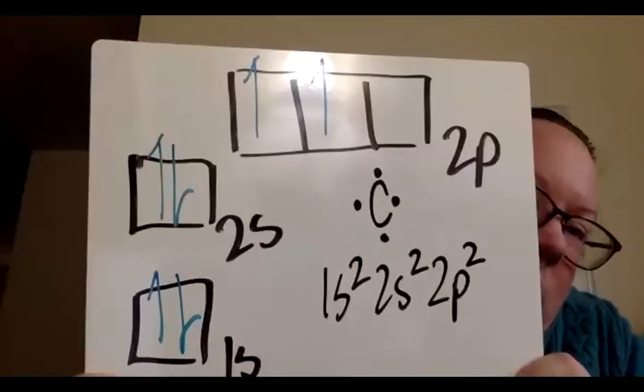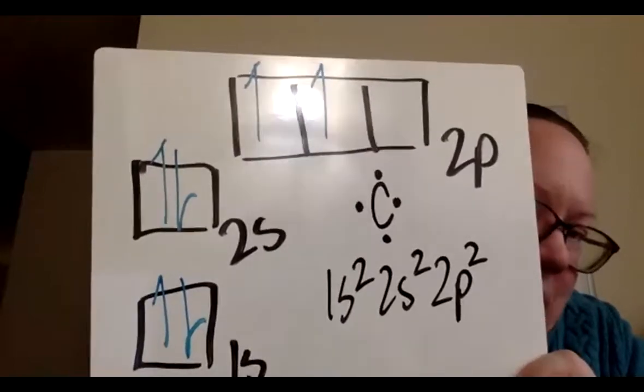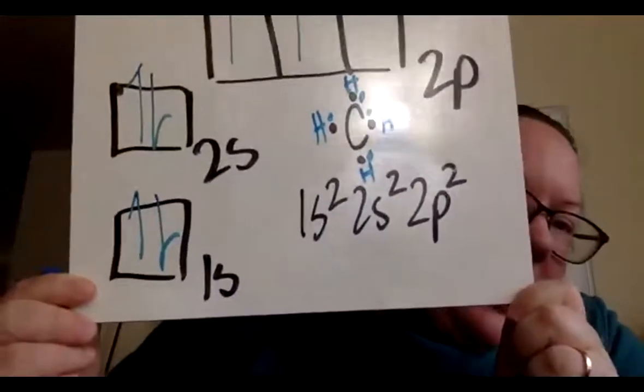If I were to form a bond, say between carbon and hydrogen, that would look like this. So that's an example of methane.